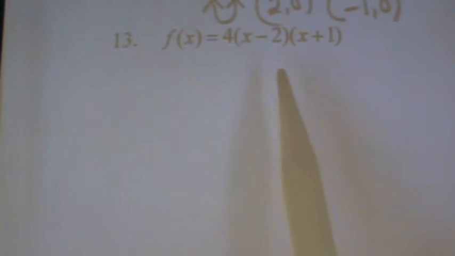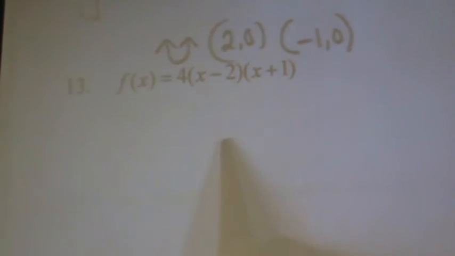What you could do is cut this in half, these two spots, and you can see that your axis of symmetry is going to be 1/2. So now you can plug 1/2 in here to figure out the vertex.